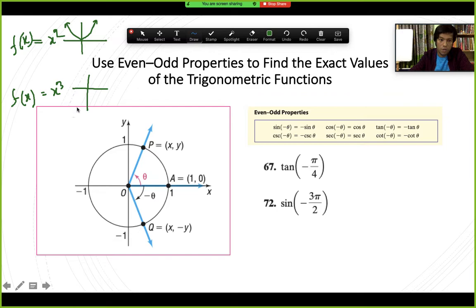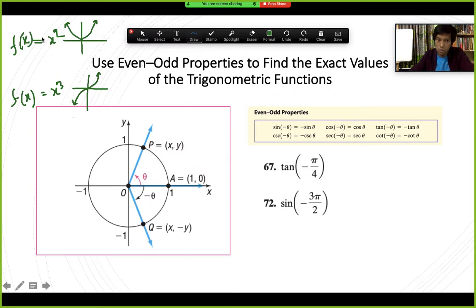And the graph of the odd function is something like this, and it is symmetric with respect to the origin. Even function is y-axis, odd function is origin. So this is our previous concept, and the same concept we will be applying here.